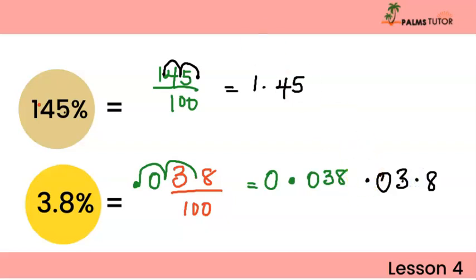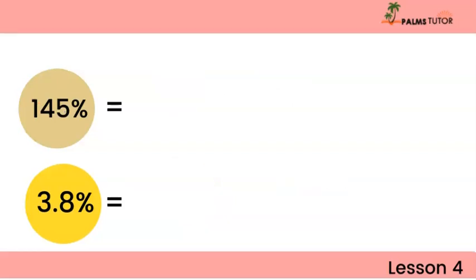So, converting percentages to decimals only means that we divide by 100, which means we move our decimal point 2 places backward.